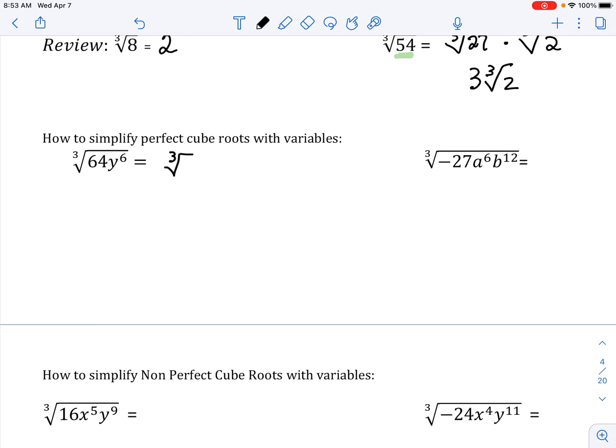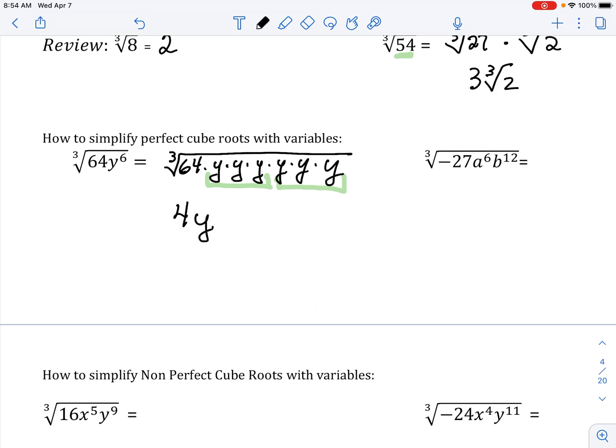So you could rewrite this as the cube root of 64 times, and then write down 6 y's. Every 3, 1 comes out. Every 3, 1 comes out. The cube root of 64 is 4. 4 times 4 times 4 is 64.